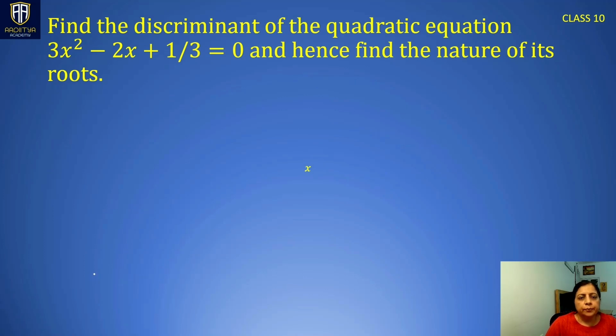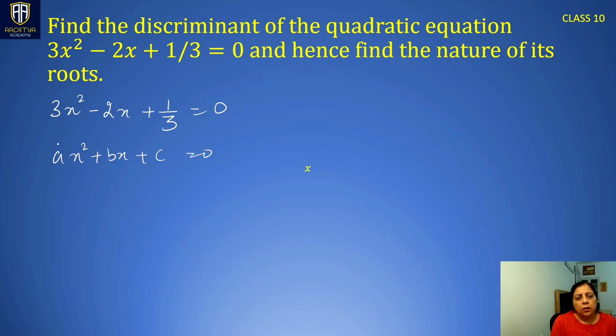Next is find the discriminant of the quadratic equation. Here the equation is 3x square minus 2x plus 1 by 3 is 0. Comparing it with the basic equation, we can say that a is equal to 3, b is equal to minus 2 and c is equal to 1 by 3.